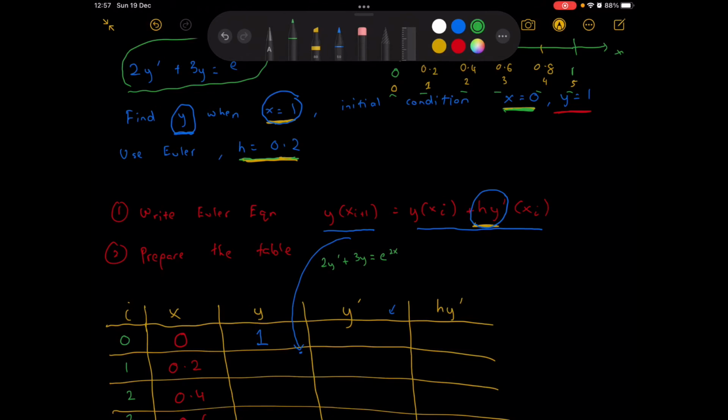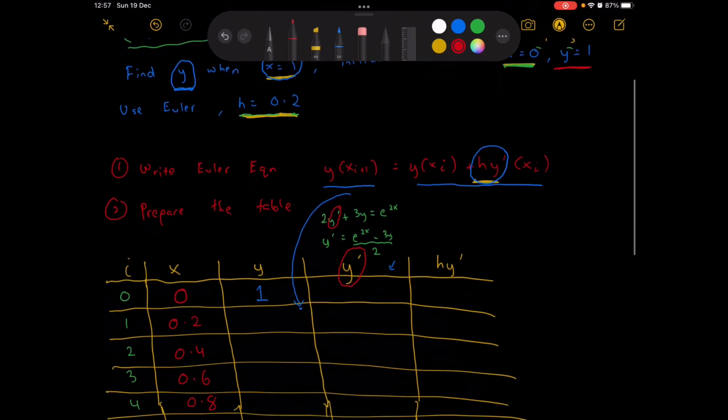From there we know that y prime is equal to e to the power of 2x minus 3y, over 2. Because we need to determine y prime, we need to make y prime the subject. After you determine the value of y prime, multiply it with the h value and you get hy prime.